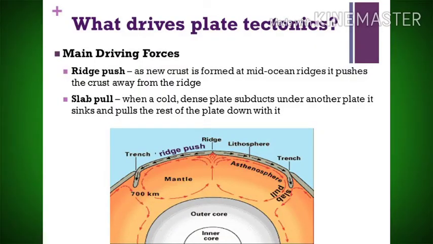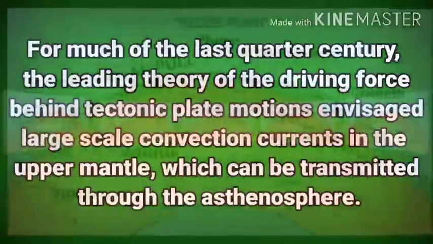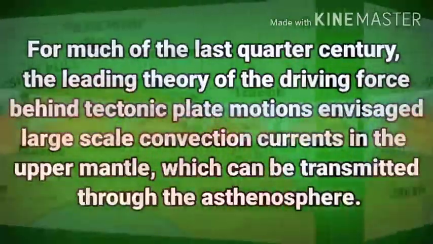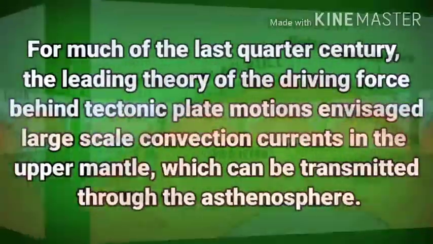For much of the last quarter century, the leading theory of the driving force behind tectonic plate motions is the large-scale convection currents in the upper mantle, which can be transmitted through the asthenosphere. The surface of the earth is dynamic and the interior is always mobile, means it is not stable.